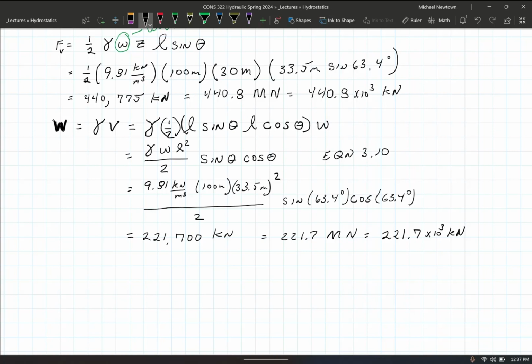Now, you want to have some fun? Mega is, in this particular case, the 10 to the 6 SI unit prefix. But M also stands for 1,000 in Roman numerals.